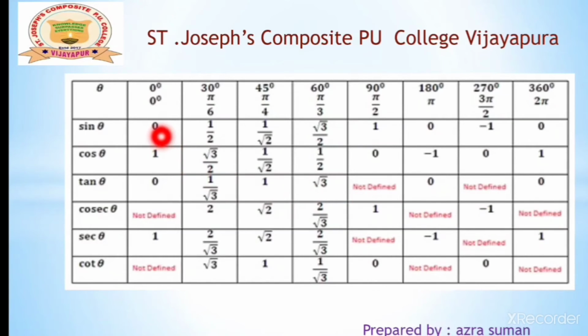So here, 1 by 1 is 1. Okay, so these are the respective values for the respective trigonometric functions.